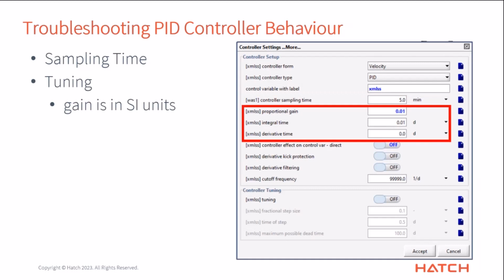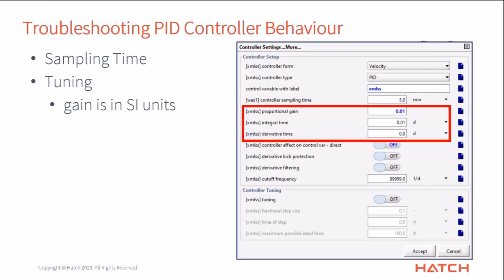Okay, the next thing is these three parameters here are your PID controller tuning. So the proportional gain, the integral time, and the derivative time. That is the P, I, and D sections of your PID controller. Now, the time ones are in units of days, but the gain is in the default SI or metric units that we use in GPS-X.